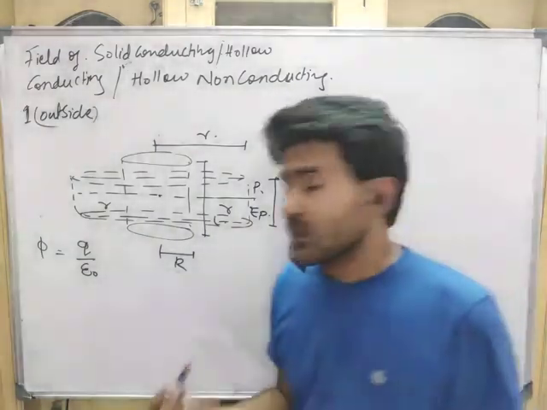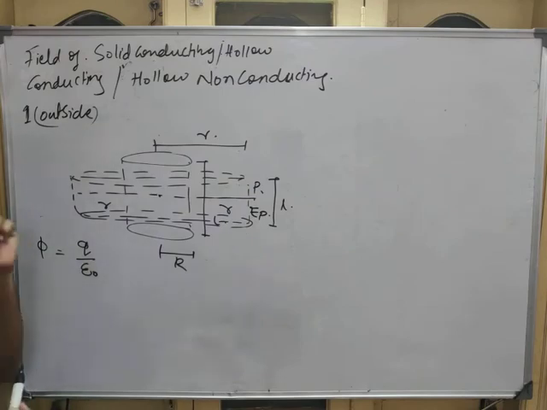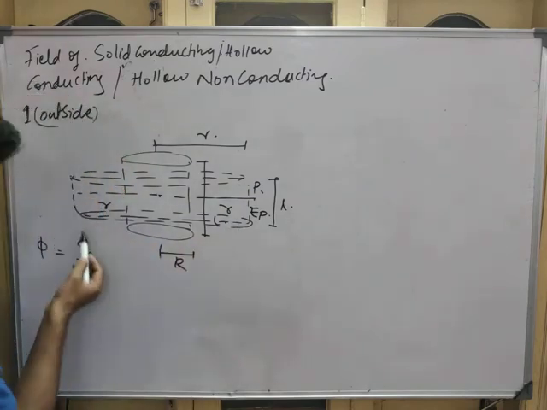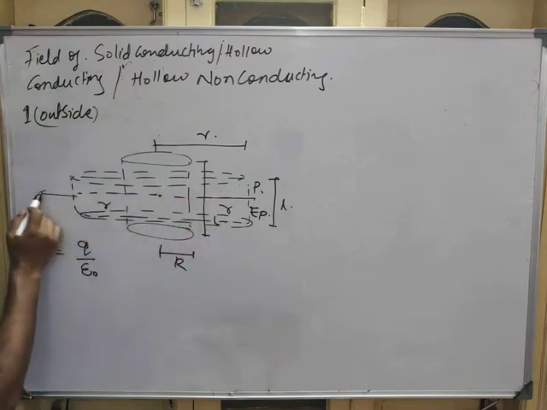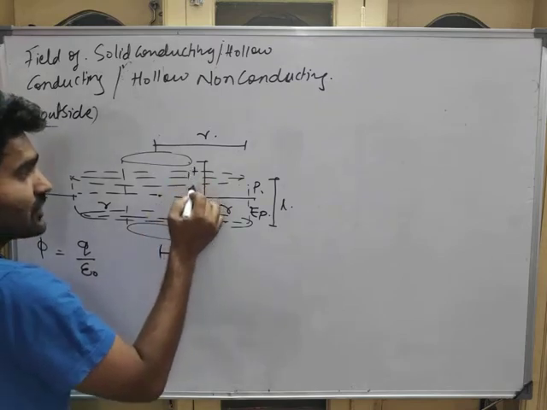Okay, now we know that the flux leaking out of this surface will be Q by epsilon, and we know one thing more. If this flux is there, the area vector will be here, right? Suppose some charge is there, so where will the charge be?